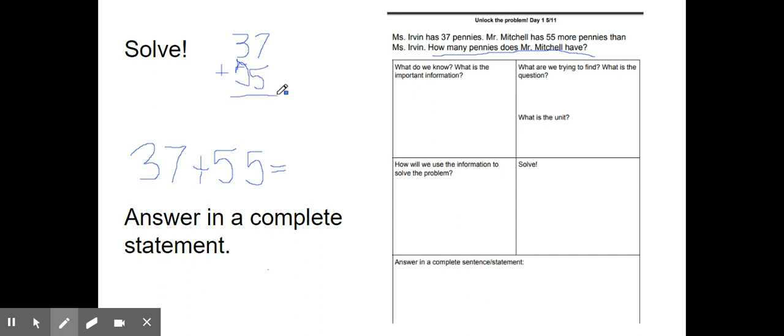I know I'm going to have to make a new 10 because 7 plus 5 is 12, and 12 can't go in the ones place. When you are done solving, write your answer in a complete sentence. Remember to start with a capital letter and end with punctuation. Also remember that our unit is pennies, so make sure you put the unit in there. When you are done, send a picture to your teacher.